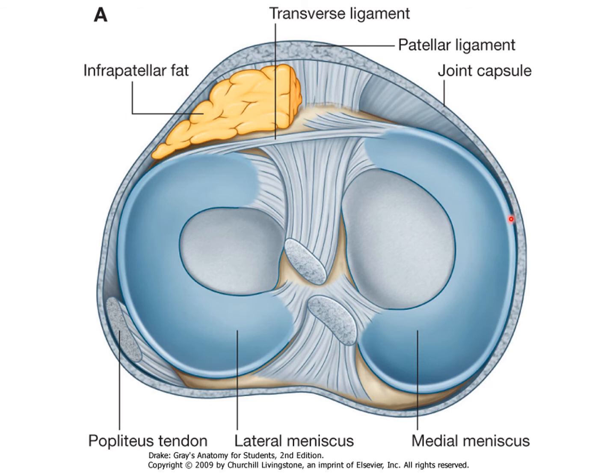One more structure which you need to see: the medial meniscus is very close to the joint capsule. There is a ligament which is extracapsular on the medial side, which is the tibial collateral ligament, or the medial collateral ligament. It will be present outside this one.